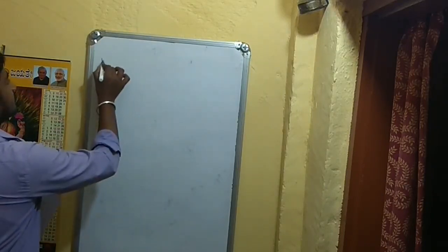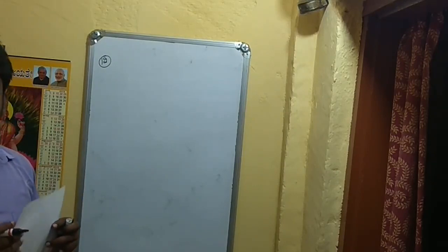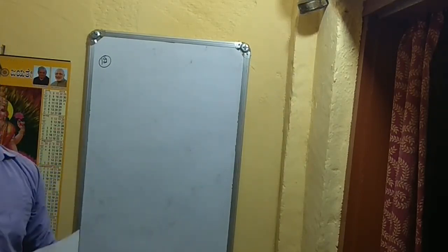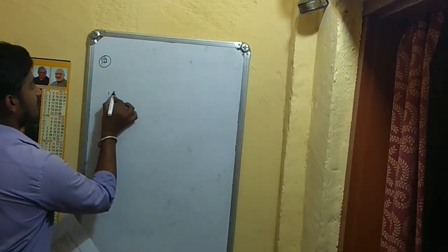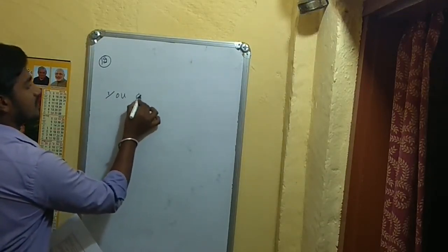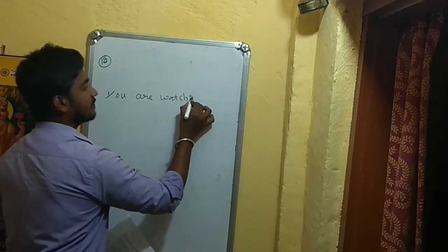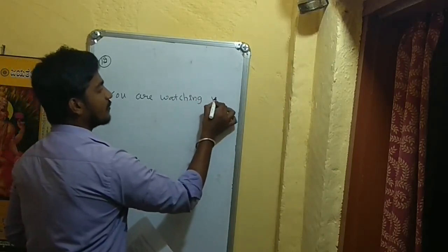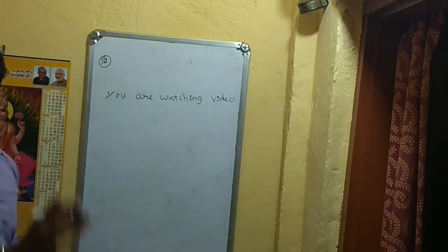Next, 12th one. What is a neutral atom? Okay. What do you mean by atom? Atom means it is the smallest particle which we can't divide. For example, you are watching video. It is a sentence.